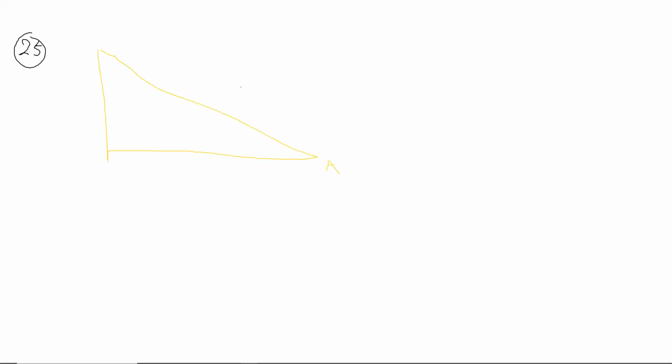So here we have a right triangle ABC with the right angle at C. So we have an altitude drawn to AB.